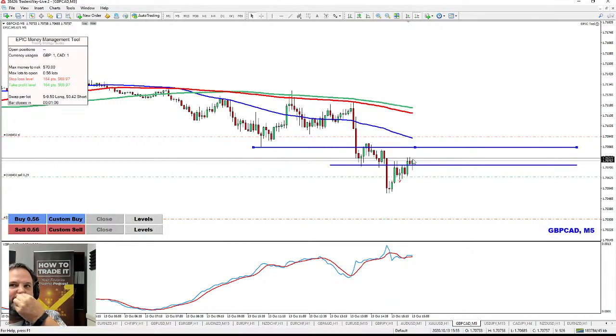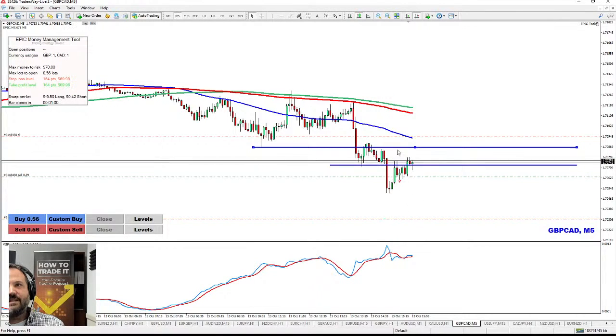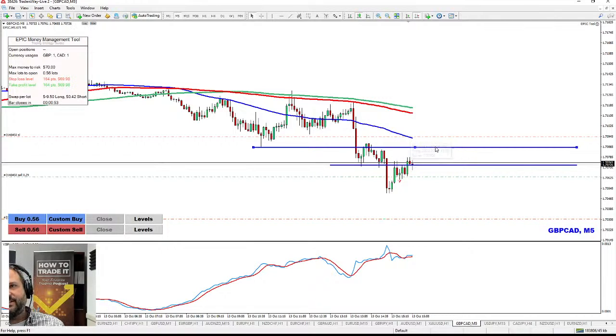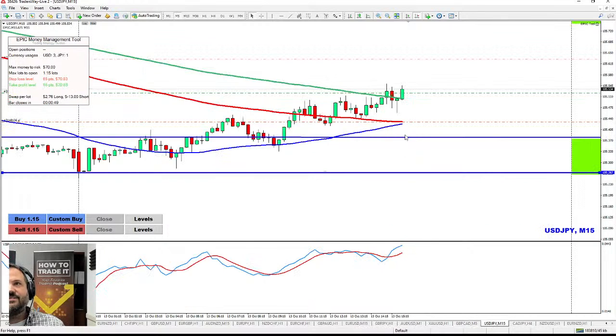Pound CAD, hopefully we'll find a place to turn around here. I've got some room on this second level, and then this 50 period might hold it down too. And the US yen's looking pretty good. It's breaking this 15-minute trend.